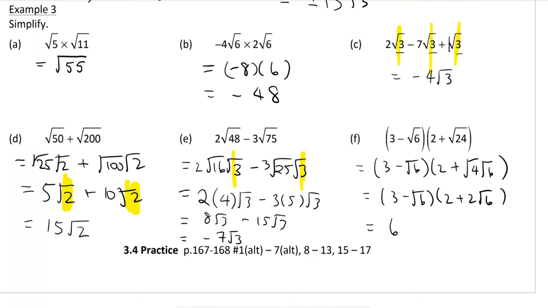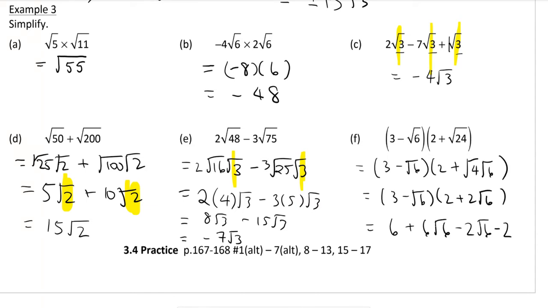Then outside, 3 times 2 root 6 gives me plus 6 root 6. Inside, it gives me minus 2 times root 6. And last is negative times positive, so that's going to be minus 2.